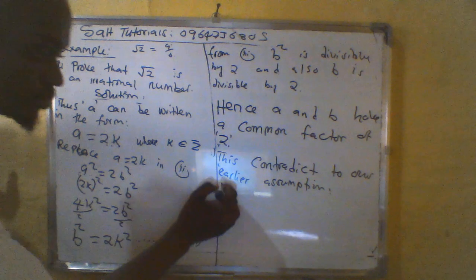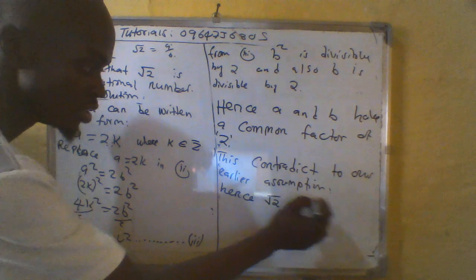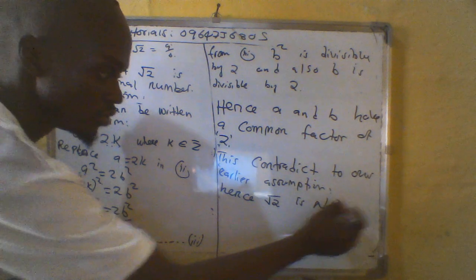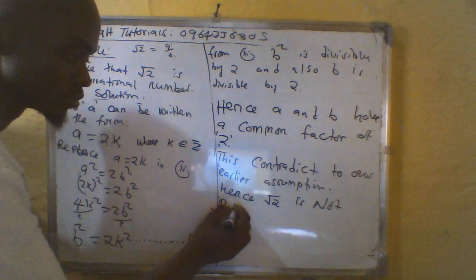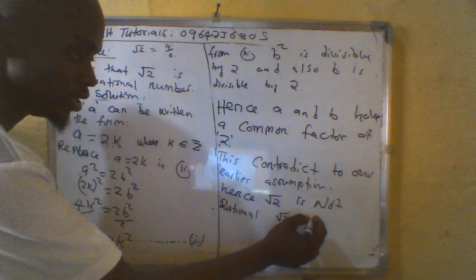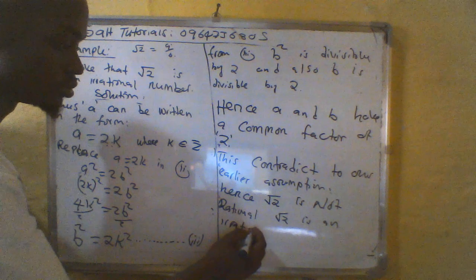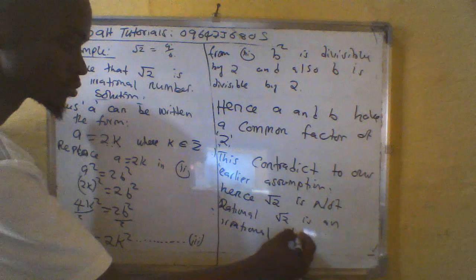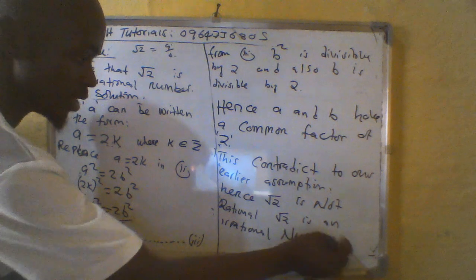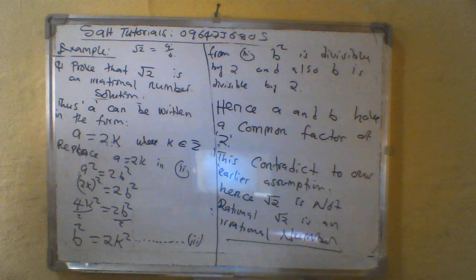Hence, root 2 is not rational. Or you can say root 2 is an irrational number. As simple as that, and you are done. You've proved your statement.